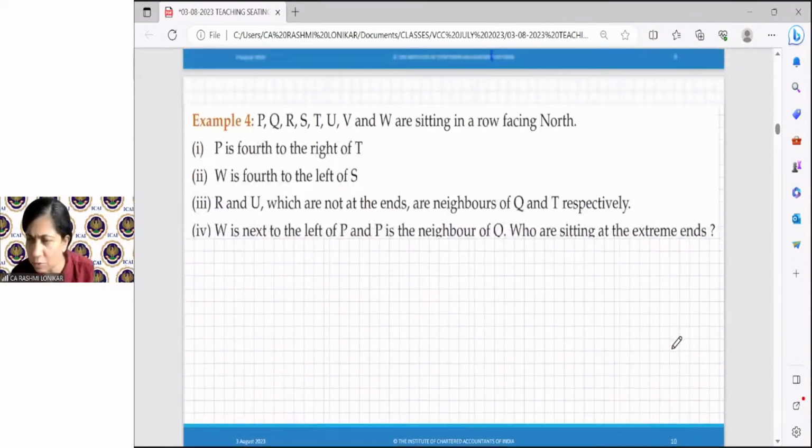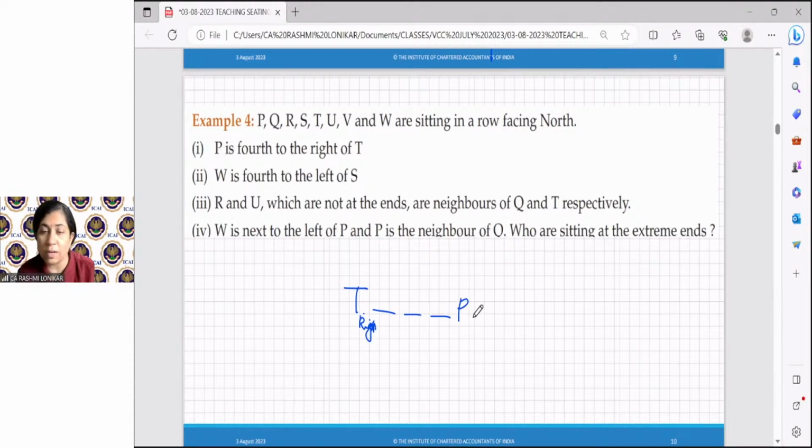Once you are able to do one sum, it becomes easier. P is 4 to the right of T. So I have T. And where is his right? This is his right hand side. Fourth. 1, 2, 3, 4. Fourth to the right of T. W is 4 to the left of S. So I have S 1, 2, 3, W. These are two different elements.